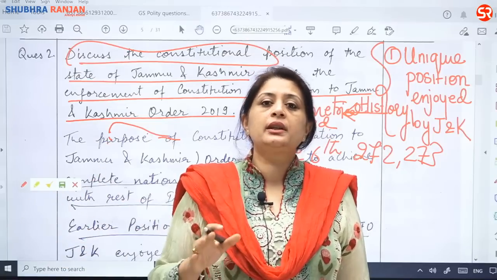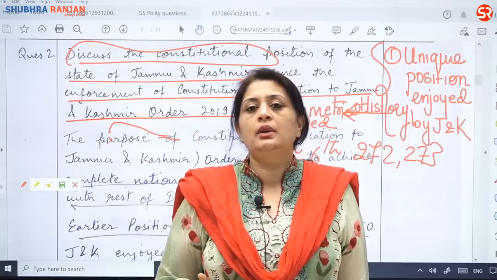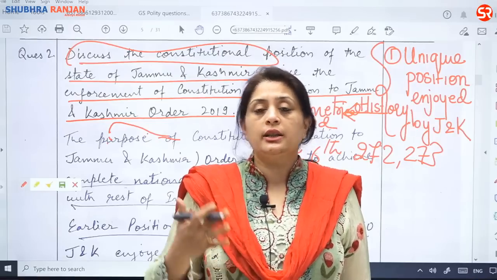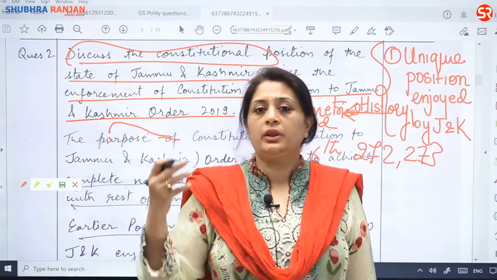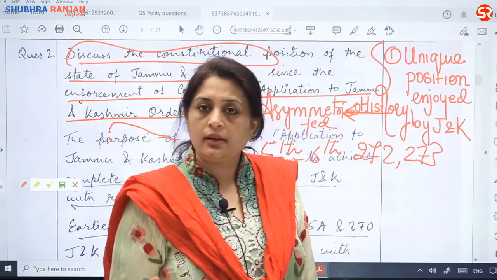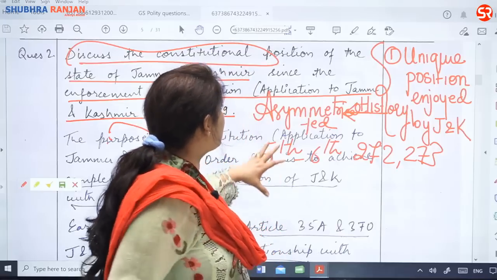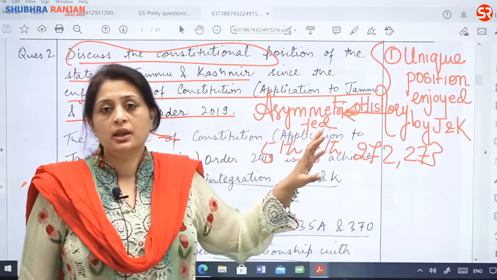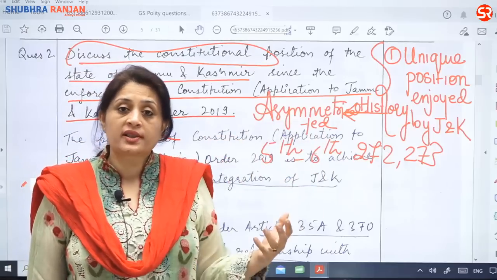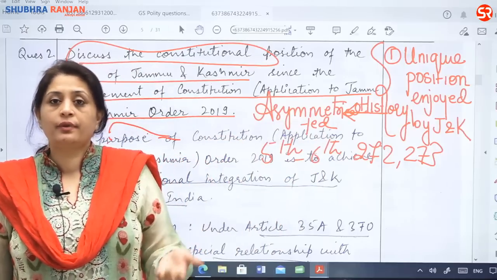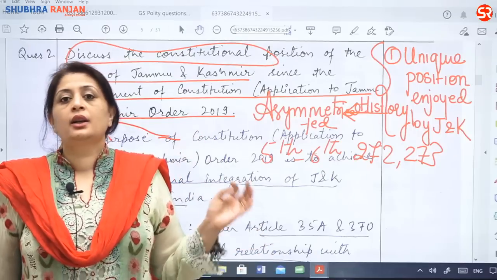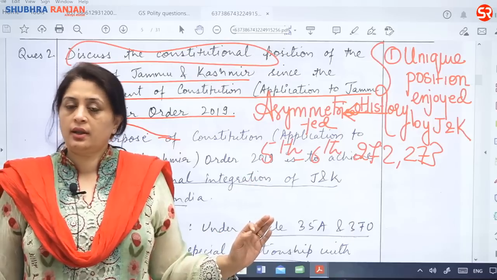And at present, this is the first time that a state has been converted into a union territory. So right now Jammu and Kashmir is a union territory. Now this answer does not end here, though the question is not asking, but from your side you will have to give a rationale, you will also have to justify it to end this particular answer.